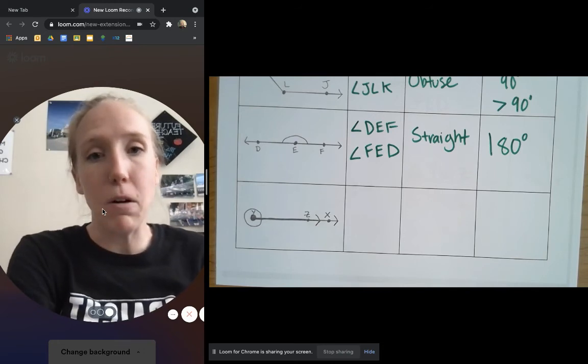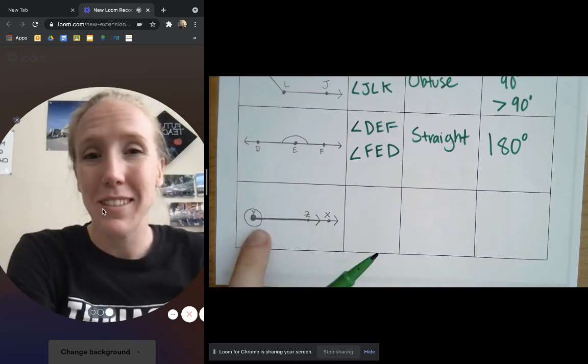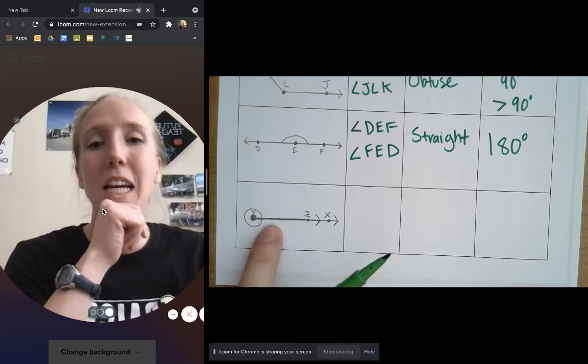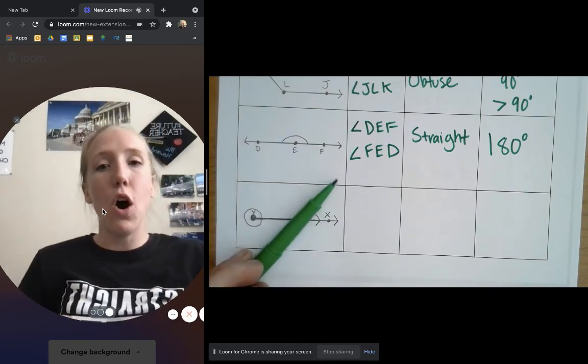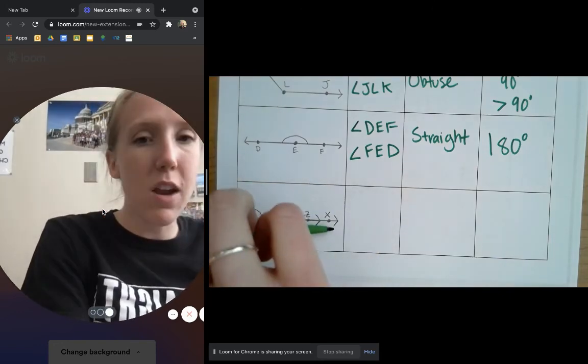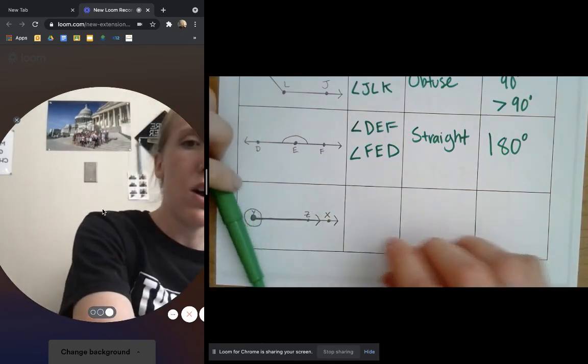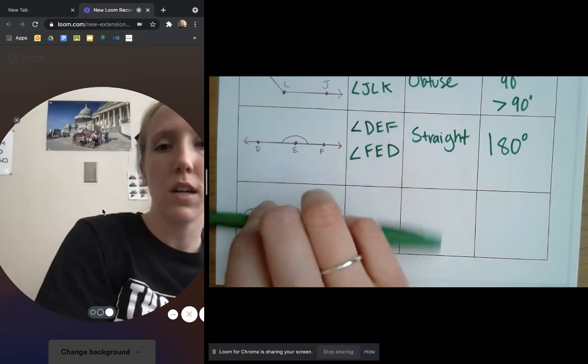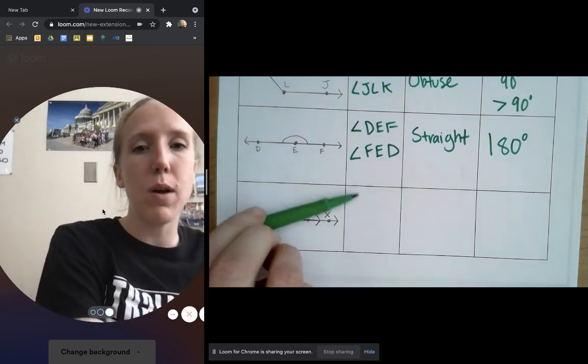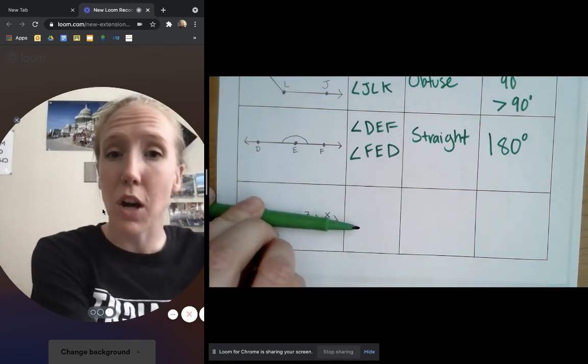The next type of angle might look straight again, but this is actually an angle that started here and then went all the way around and ended back where it started.